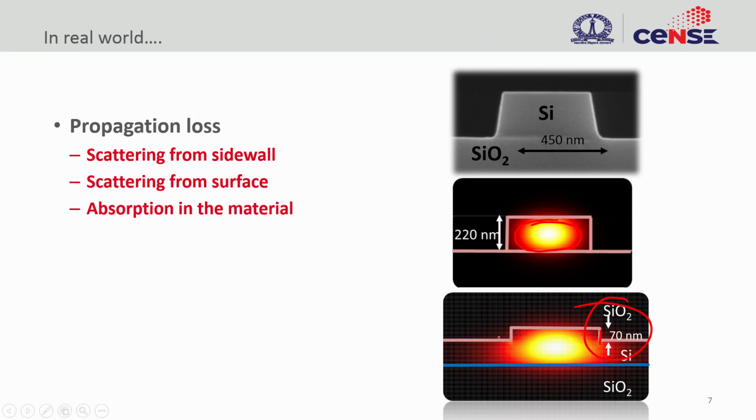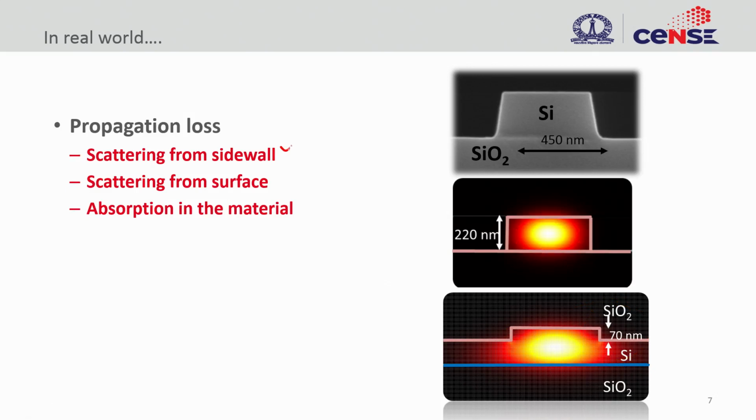That means the roughness is only important for the 70 nanometer, but in this case you have the roughness across this thickness, so your scattering loss is going to be much higher. So, going to a ridge waveguide is beneficial if you want low propagation loss.